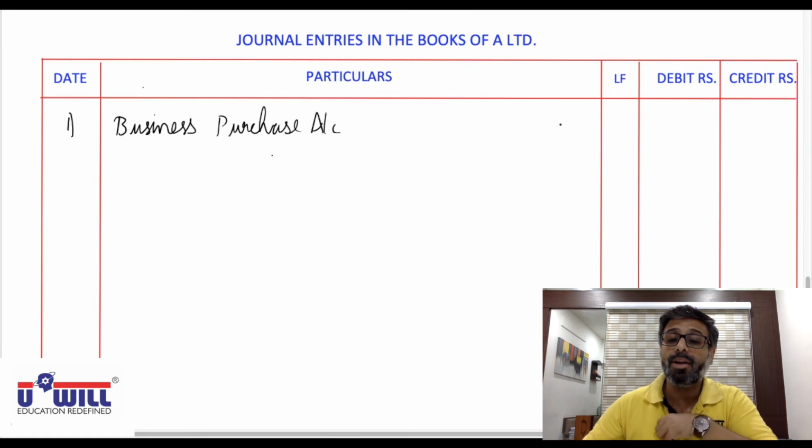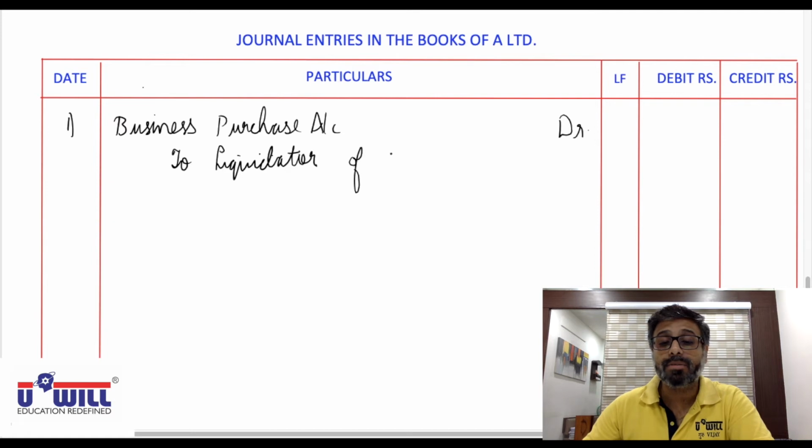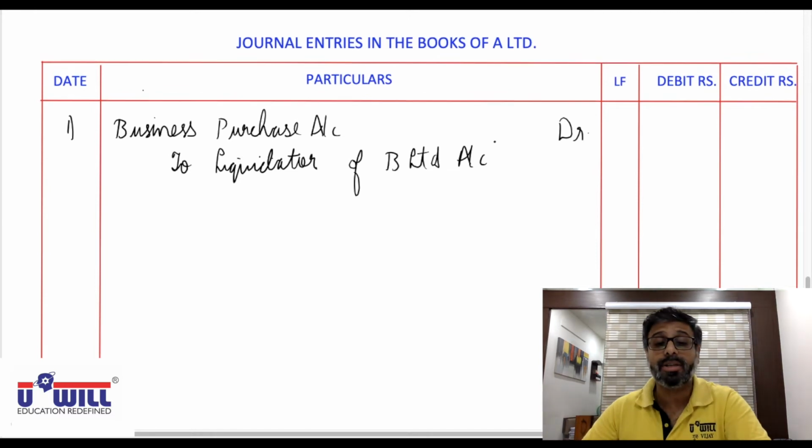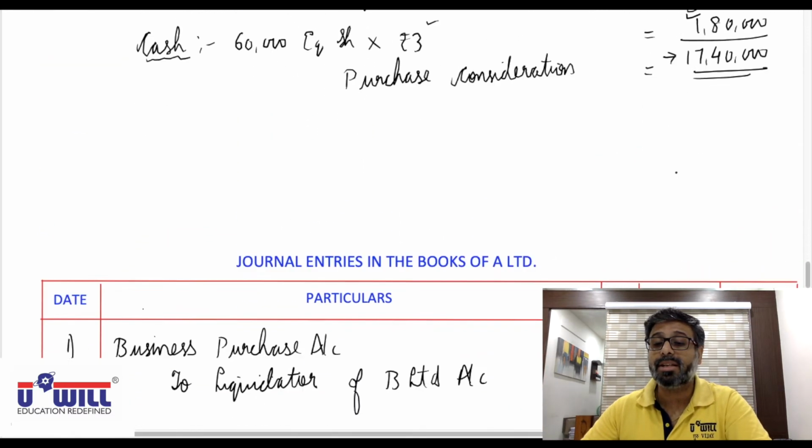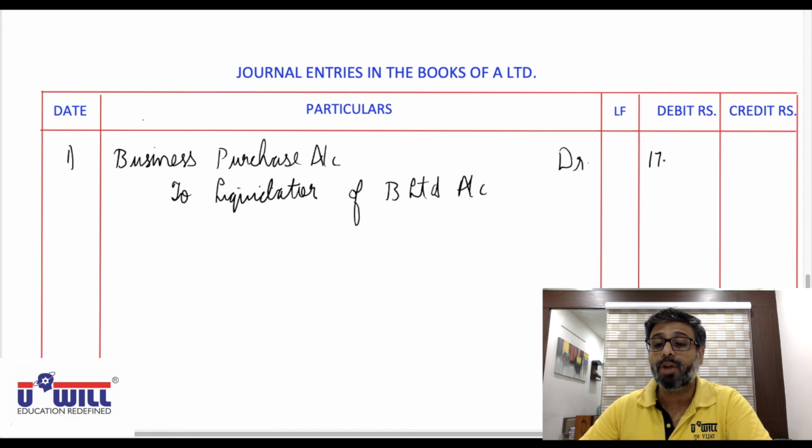Okay, and to liquidator of transferor company account. So to liquidator of A Limited account, sorry, B Limited account. Only one company is there here, transferor company. Only one company is going into liquidation. And what is the amount of purchase consideration? 17,40,000.